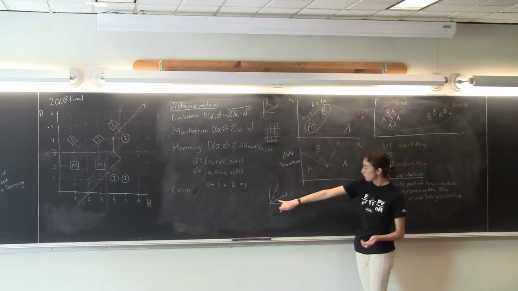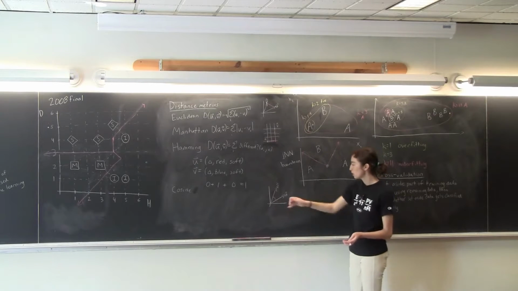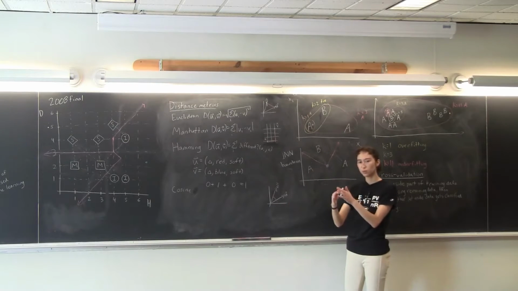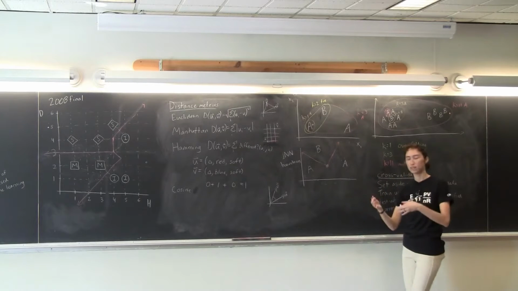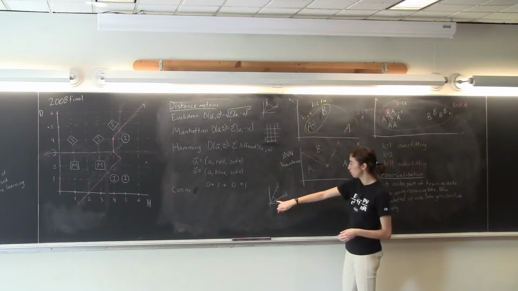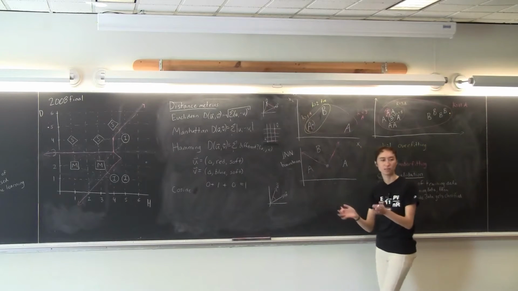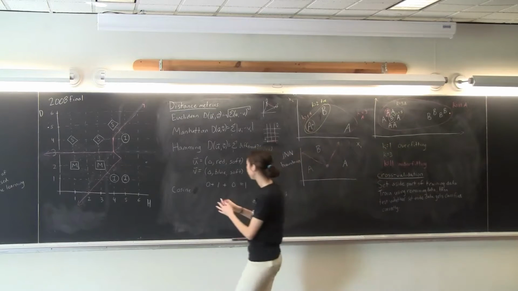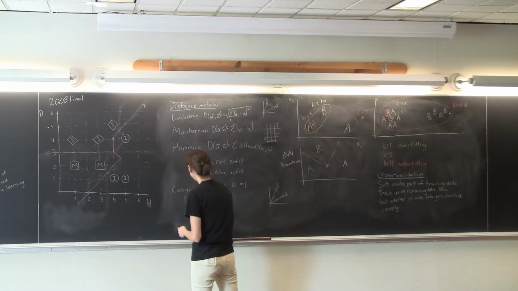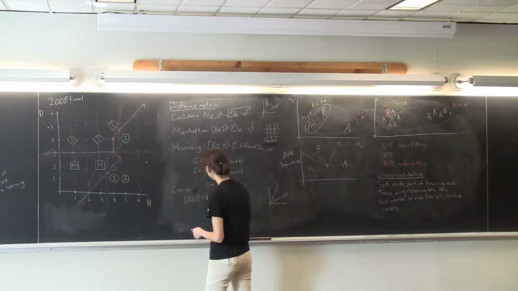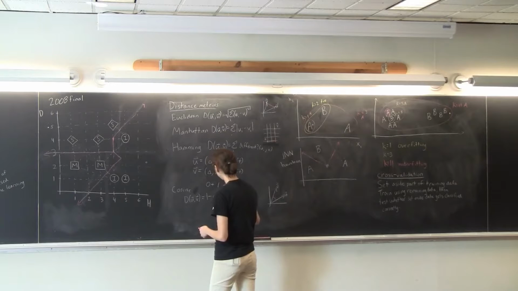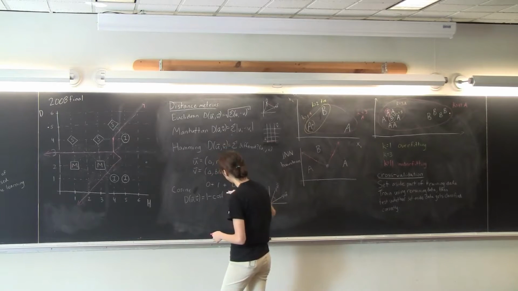And the thing is, cosine is a similarity metric, so the cosine of a smaller angle is actually a bigger number, so we're just going to negate it and do 1 minus the cosine so that effectively larger angles mean larger distance. So the formula for that will be the distance is equal to 1 minus the cosine of the angle between the vectors.